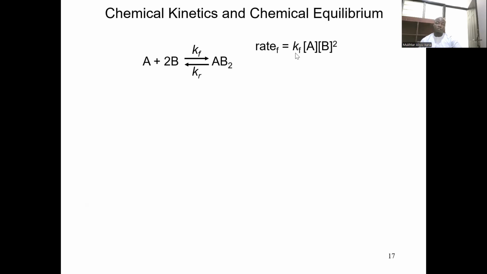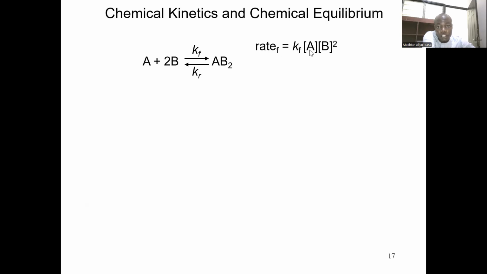Remember, the rate is directly proportional to the concentration of the reactant particles. So for the forward reaction, we are going to consider A and B because we are considering the concentration of the reactants.